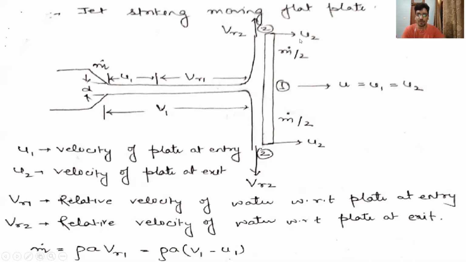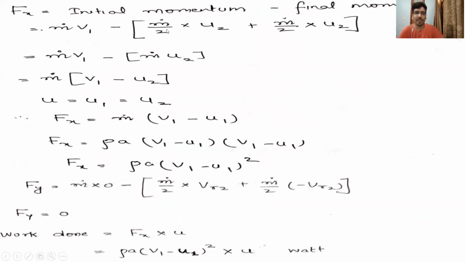We are taking this u2, that is the velocity of the plate in x direction. So therefore it will be m dot v1 minus this whole term, which becomes m dot u2. So we can write m dot (v1 minus u2).